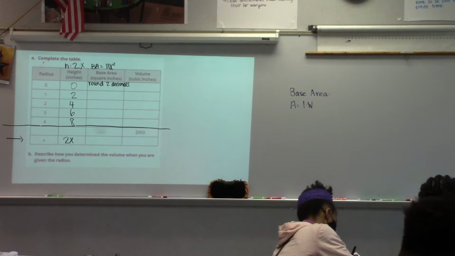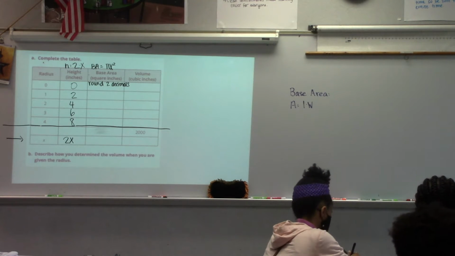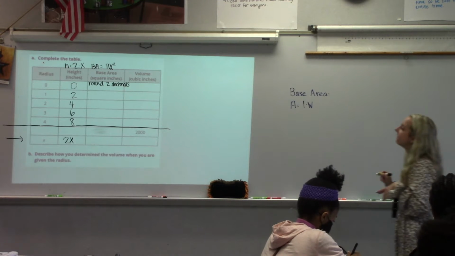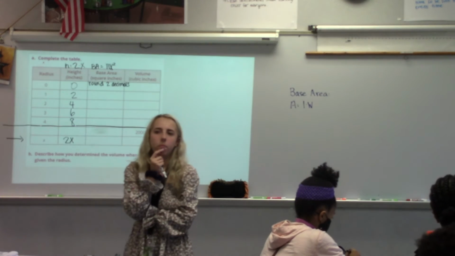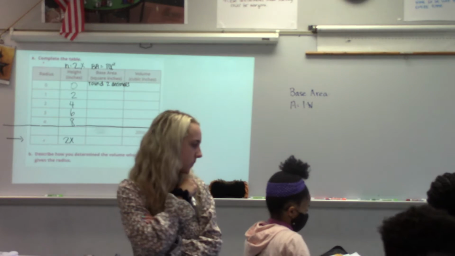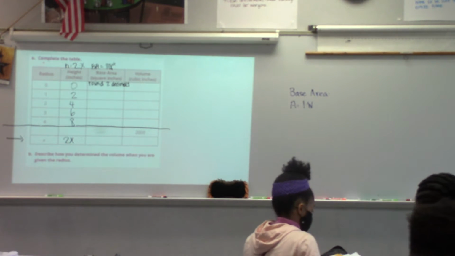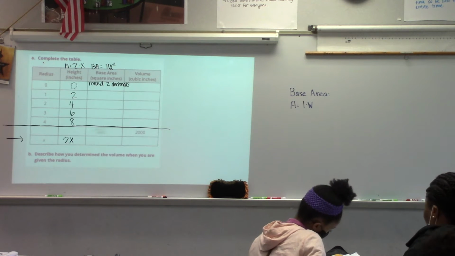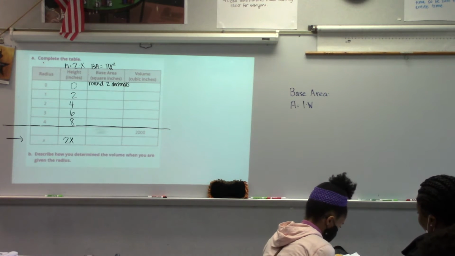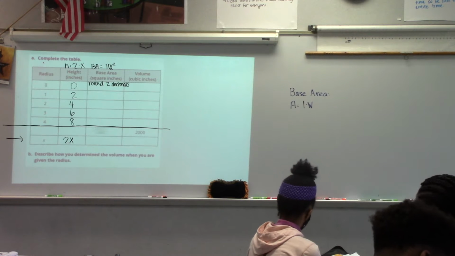So just how we multiply to get the volume, you multiply the 2x times the pi x squared, which is your height times your base area.